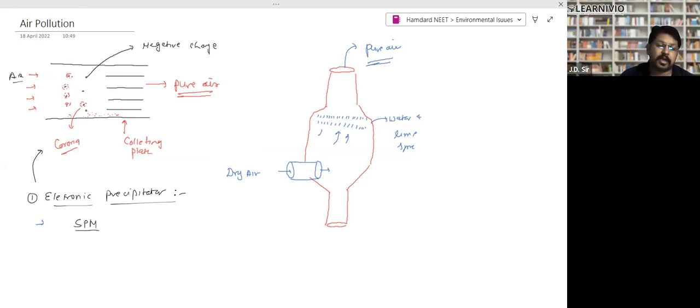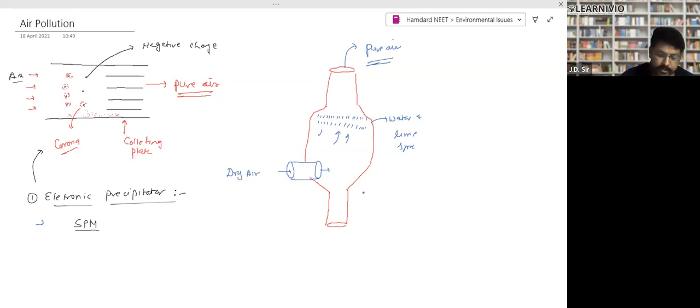The charge around the dust particles is called a corona, right? When lots of particles get collected, we remove them from the air, and from this end the purified air passes through. So electronic precipitators are basically meant for purifying dust particles or suspended particulate material, SPM.